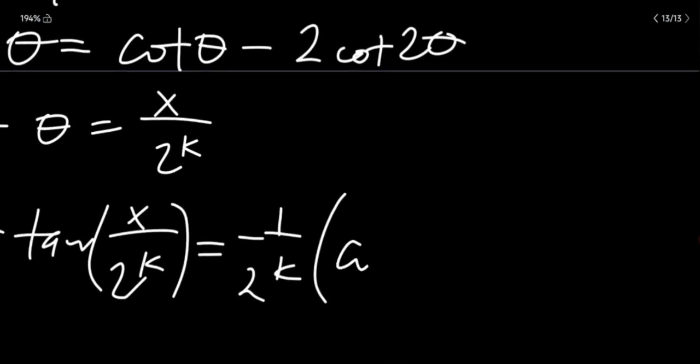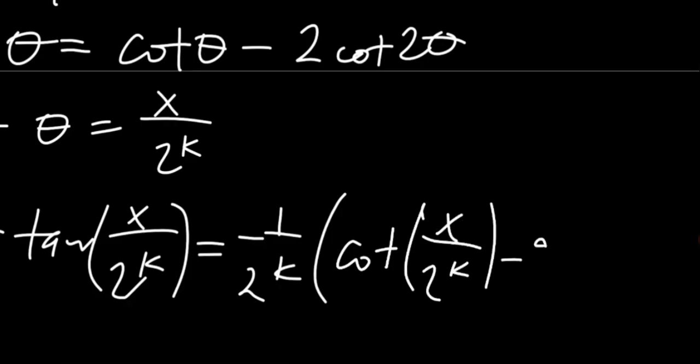So cotangent of x over 2 raised to k minus 2 cotangent of 2 times x over 2 raised to k.